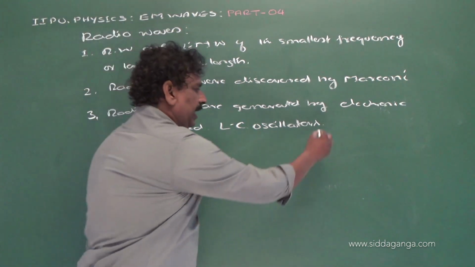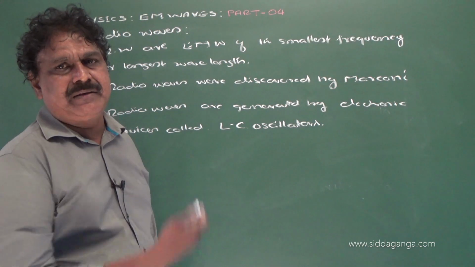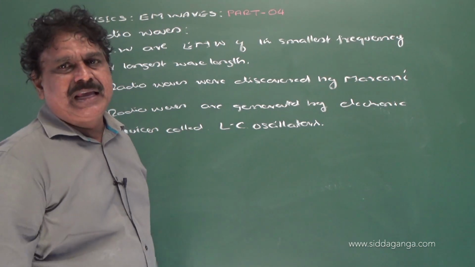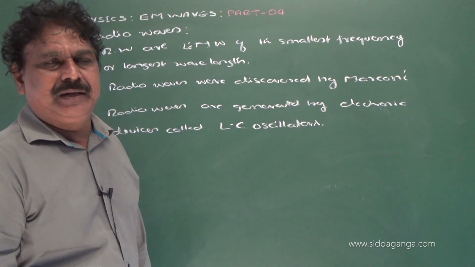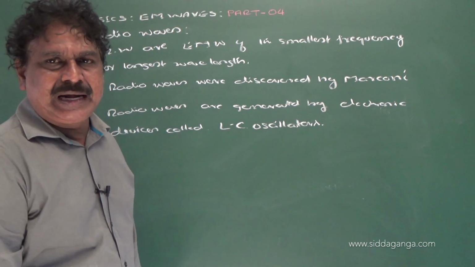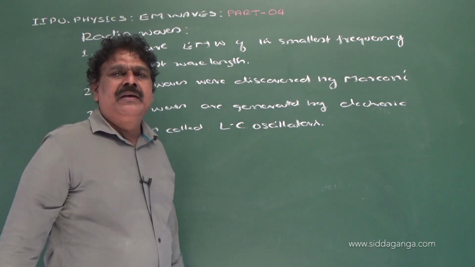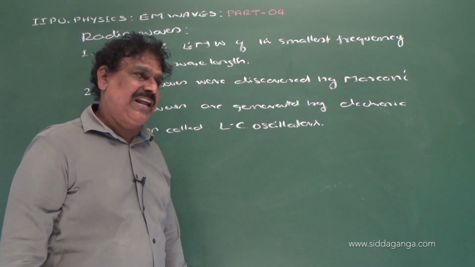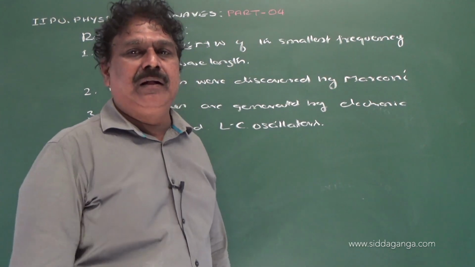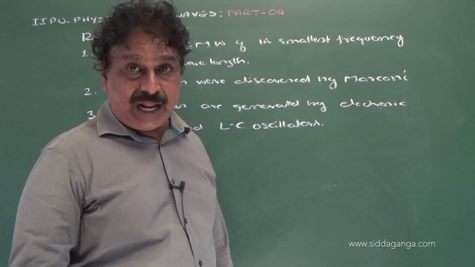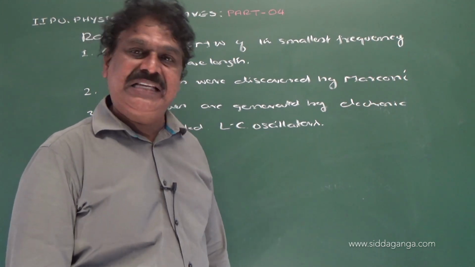Now, LC oscillator, you know that in Hertz experiment we have used this LC oscillator, a system consisting of inductance provided by copper wire and capacitance provided by the plates P1 and P2, but here we are using electronic devices. Therefore, earlier, in tube electronics we were using vacuum tubes, triode valve, and they occupy quite a big space.